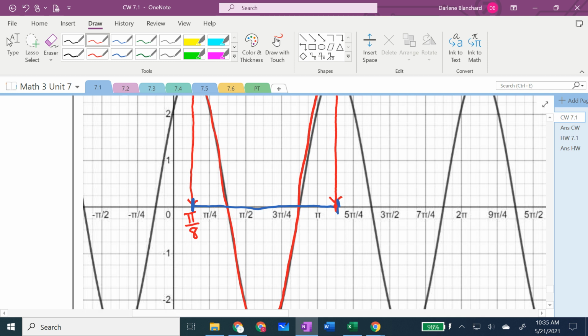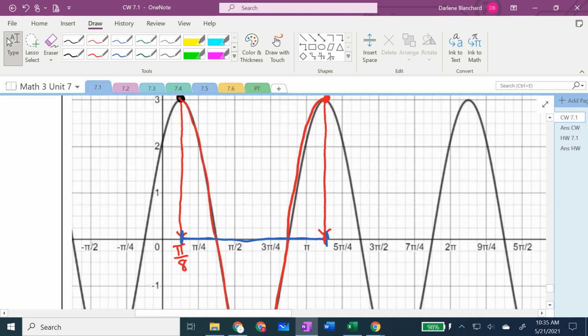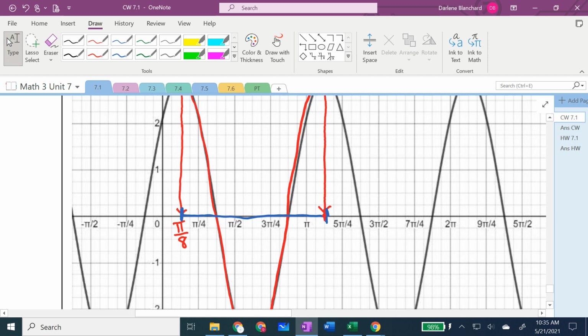Does anyone see a smart move that will make this way easier to figure out? Having this start at pi over 8 makes this more difficult to see.